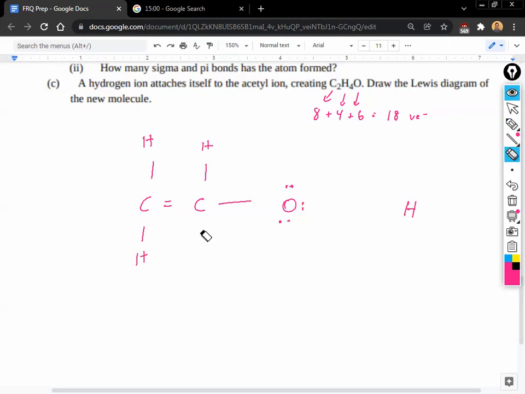If you have a structure like this, a carbon attached to a carbon and an oxygen by itself, and you add a hydrogen, the hydrogen is usually going to want to attach to the oxygen, because that'll reduce the formal charges the most. If you have a lone oxygen with 6 valence electrons, that's usually the one hydrogen is going to want to attach to.